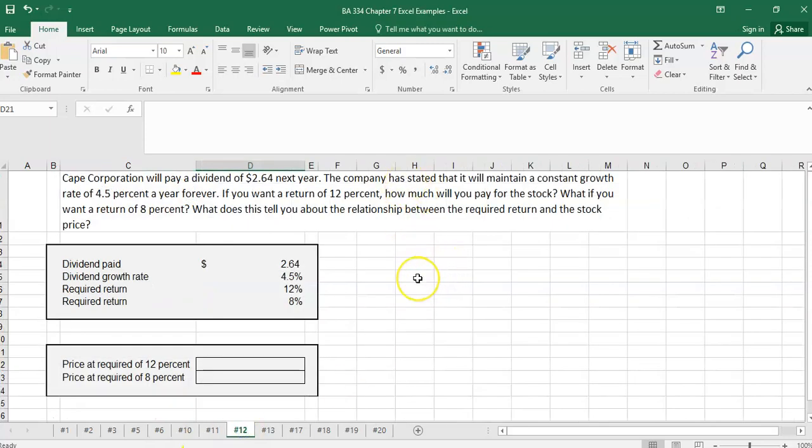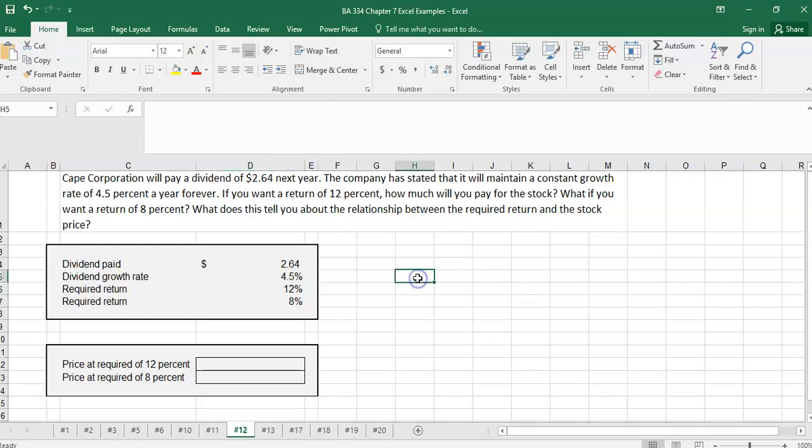In this next example, we have a dividend of $2.64 next year, and we're going to maintain a rate of growth of 4.5%. So this is just our dividend growth model, except we're looking at one is if we want 12% growth, how much is the price? And the other one is if we want 8% growth, how much is the price?